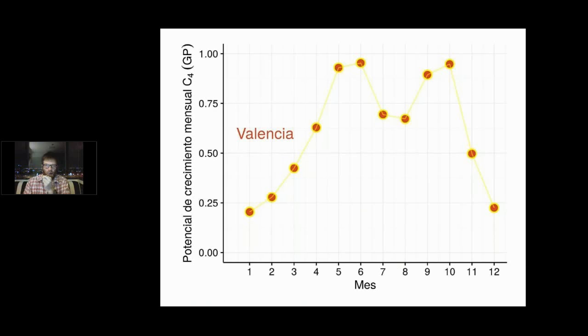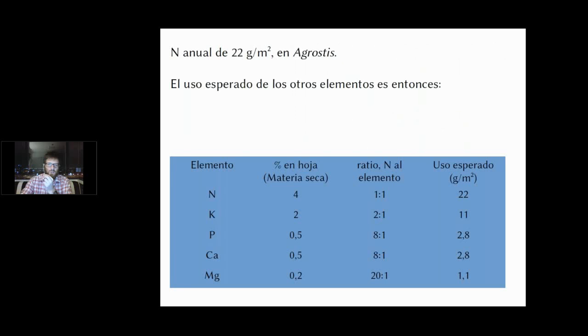So Valencia has a pretty nice climate, although it does get rather hot in the summer for bent grass, but it will still keep growing well. So in Valencia, and I'm going to use this for an example later, we get a nitrogen use estimate of 22 grams, and that leads to potassium of 11, phosphorus of almost 3, calcium almost 3, magnesium about 1.